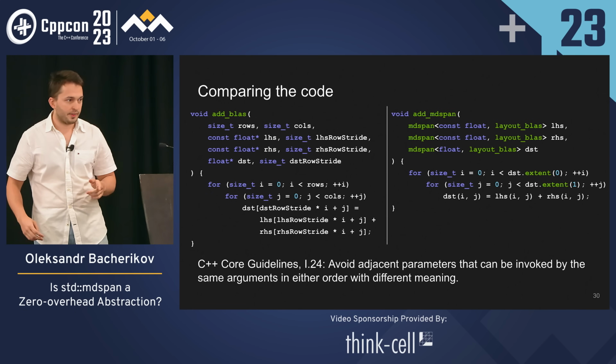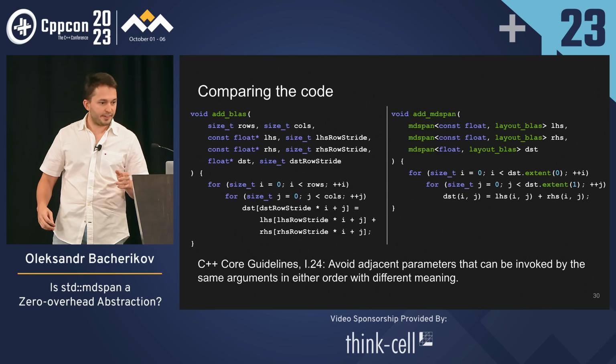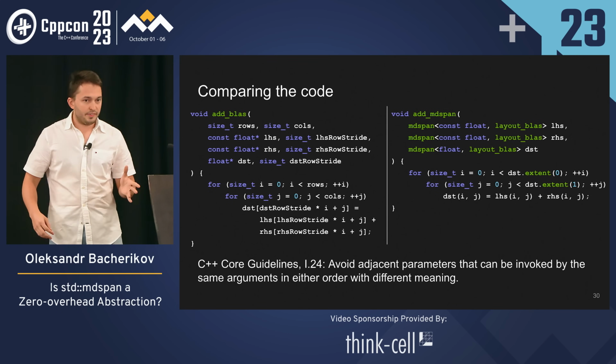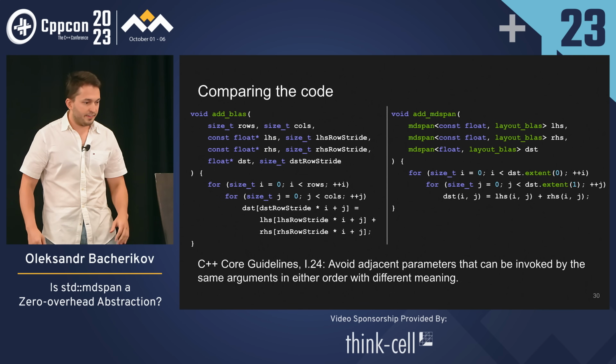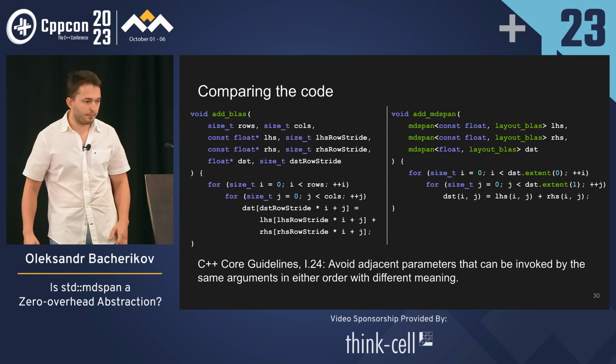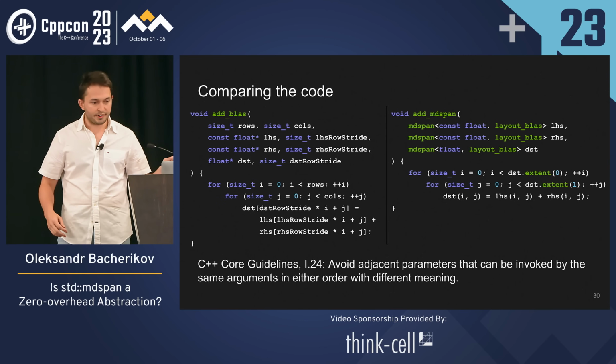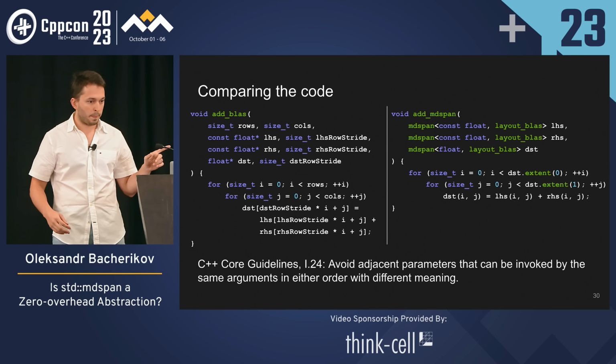If you look at the C++ Core Guidelines, they actually have an item saying to avoid adjacent parameters that can be invoked by the same arguments in either order with different meaning.